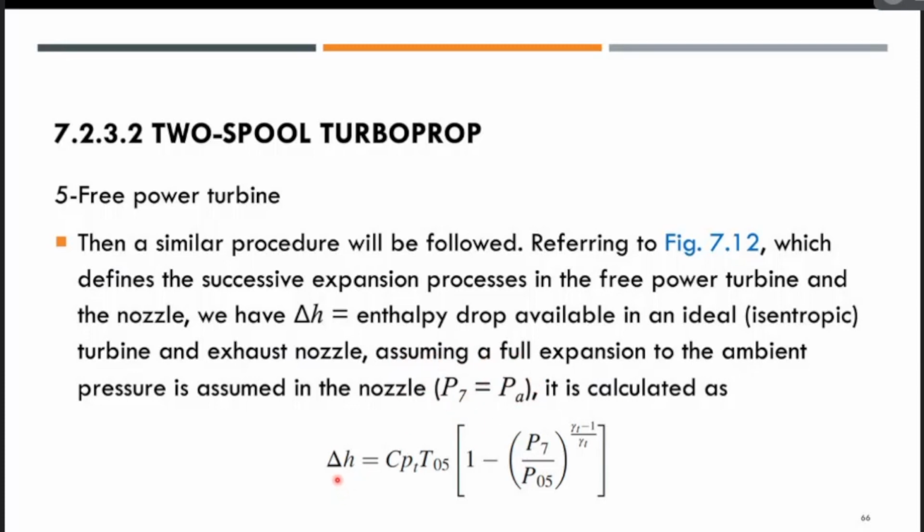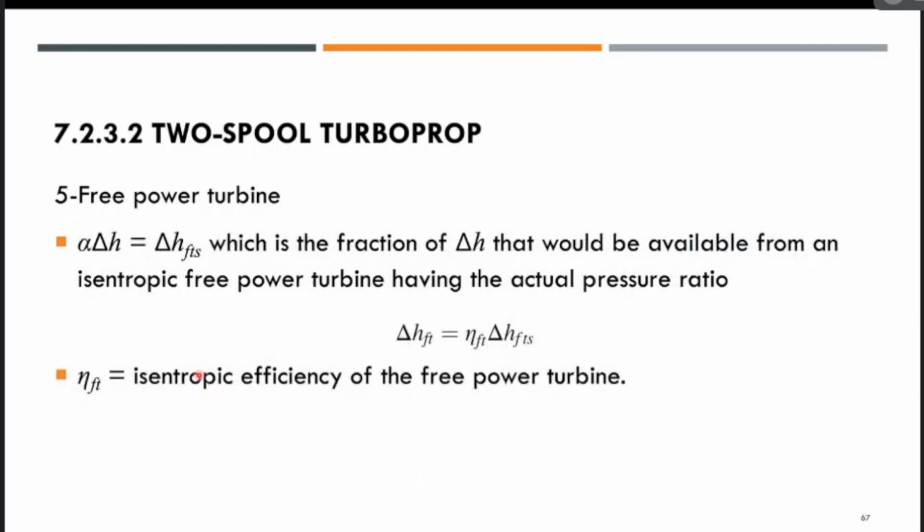You can then get the enthalpy drop for this situation for the two-spool turboprop free power turbine. Looking into alpha delta H, which is equal to delta H free turbine, FTS, which is the fraction of the enthalpy drop that would be available from an isentropic free power turbine having the actual pressure ratio.